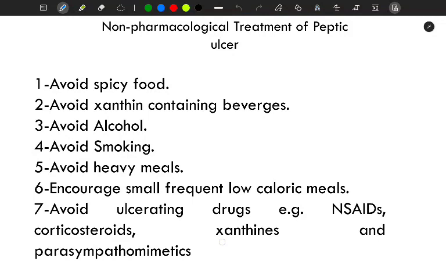Avoid heavy meals, because heavy meals are related to heavy acid secretion. Encourage small, frequent, low-calorie intake, because high-calorie protein and fat often need more pancreatic enzymes, pepsins, and acids to be digested and absorbed. Avoid drugs. We have mentioned that. Next, please.